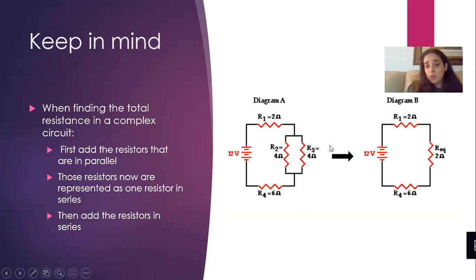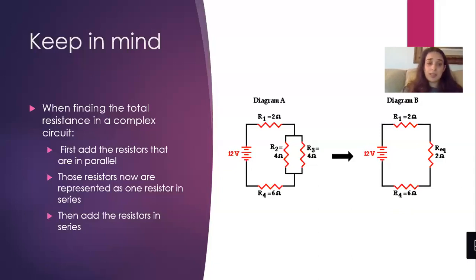Then if you were to draw the circuit again, the two parallel resistors are represented by another resistor now in series with the other two resistors. Then you just add these three together like we did yesterday in a few of the examples. So my equivalent or total resistance would be this one plus this one plus this one. So it's 2 plus 2 is 4 plus 6. The total resistance here would be 10. Again, keep this in mind.